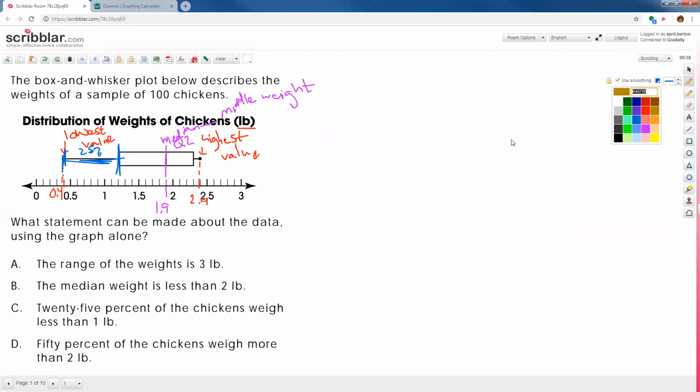From the start to quartile 2, that's 50% because we had 25% more. And from the start to quartile 3, that's 75% of the data because we had 25% more. So each new spot adds 25 more percent.